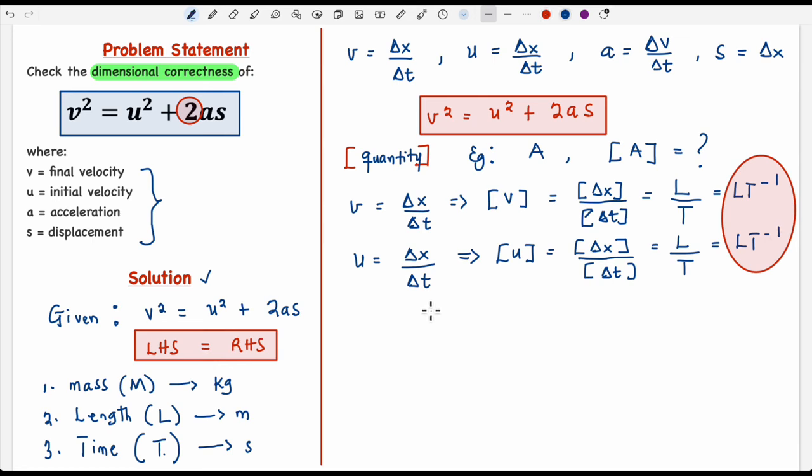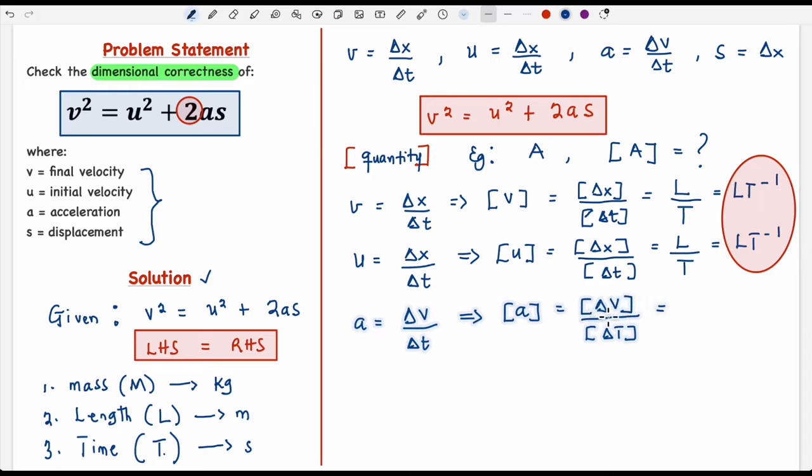Awesome. Now let's look at acceleration. We have A, and we define acceleration as change in velocity divided by change in time. To take the dimensions of acceleration, we place it in a square bracket, and then the dimensions of velocity, change in velocity, divided by the dimensions of time. Now, previously we found the dimensions of velocity, which is L over T or LT to the power minus 1.